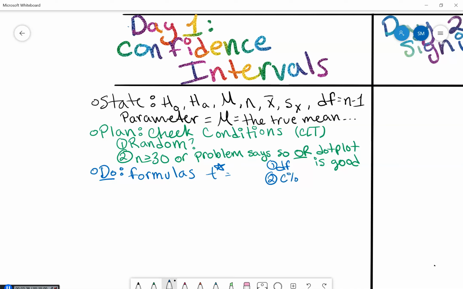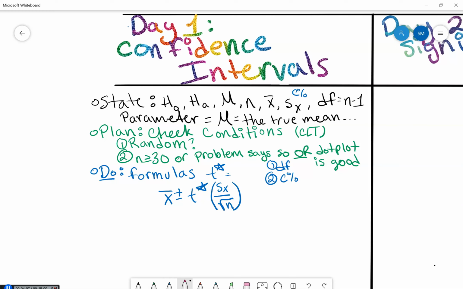Oh, we should add that up here, C%. So we're going to need those two things, and then we're going to be able to use the table to figure out what T star is, and we'll go over that in a second. And then you're going to actually physically do the formula: x bar plus or minus T star times the standard deviation over the square root of the sample size.